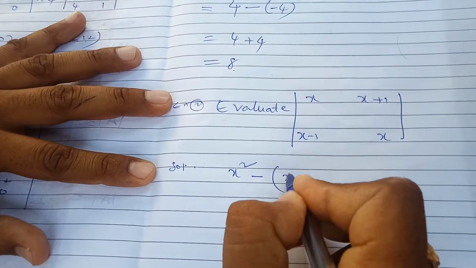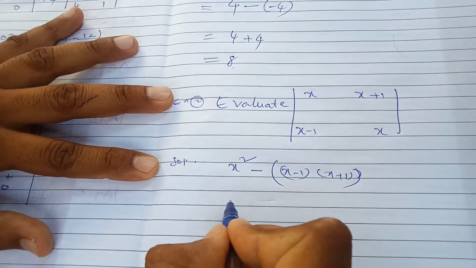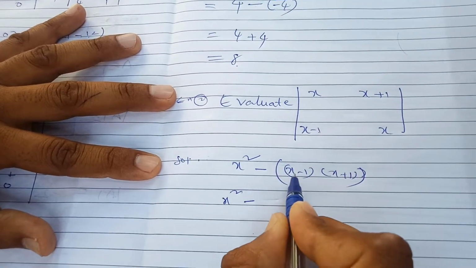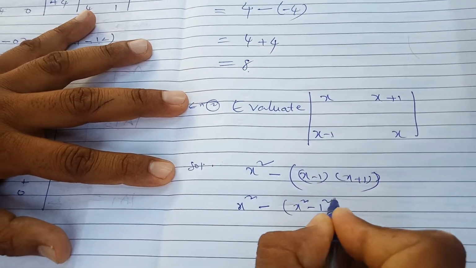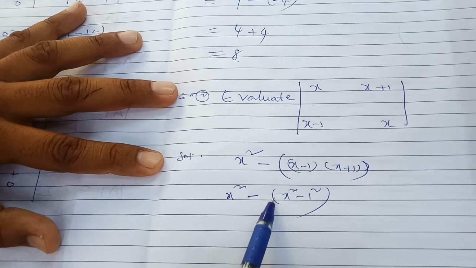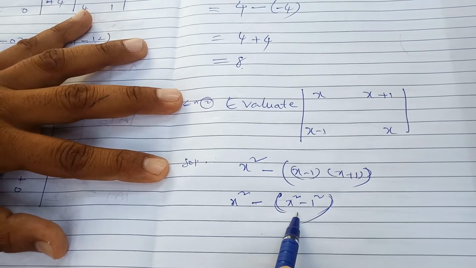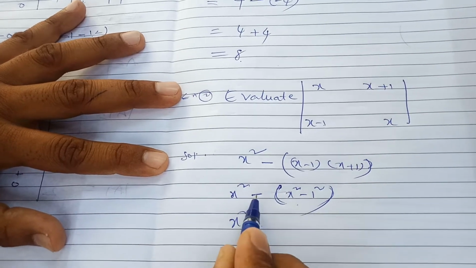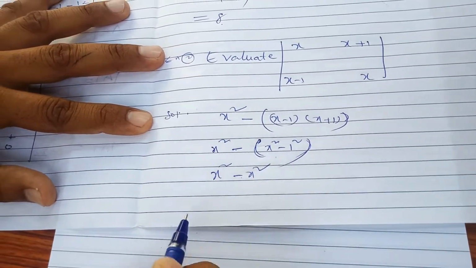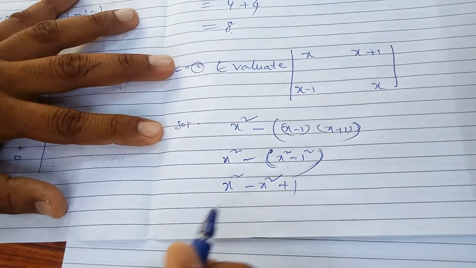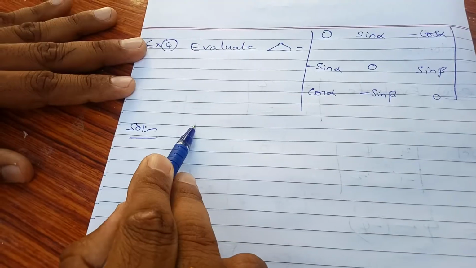We know that a minus b into a plus b can be written as a square minus b square. So x square minus, and after that the bracket, x square minus 1. Now apply the minus inside the bracket: minus into plus is minus, minus into minus is again plus. So x square gets cancelled. The answer is 1.